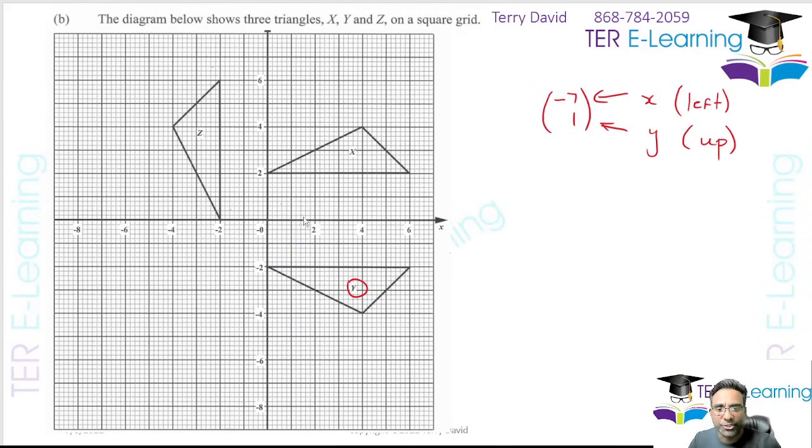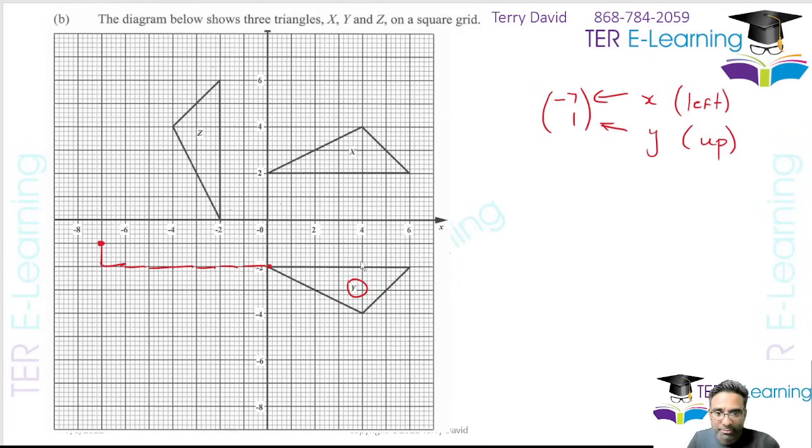So every single point on triangle Y, you're going to translate. Starting with this point, I'm moving -7 in the X direction: 1, 2, 3, 4, 5, 6, 7, and then I'm going to move 1 up.